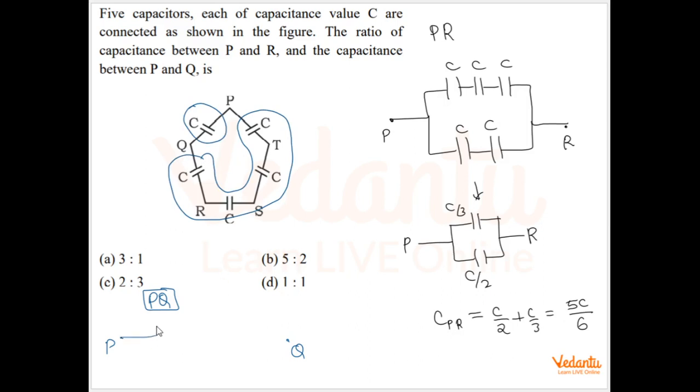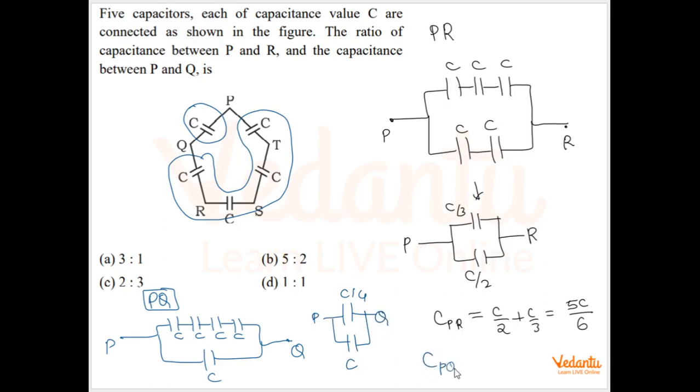So I will draw first 4 capacitors in series like this, and then one capacitor in parallel. C, C, C, C and C. Now beta, this can be simplified to C by 4 and C. Which gives me beta CPQ is equal to C plus C by 4, that is 5C by 4.